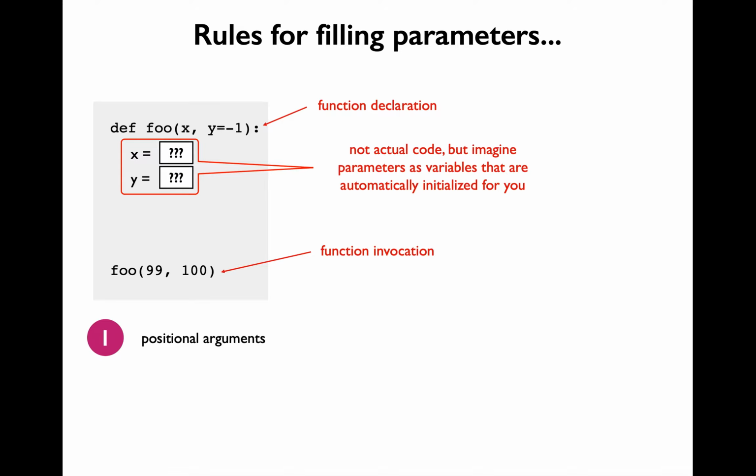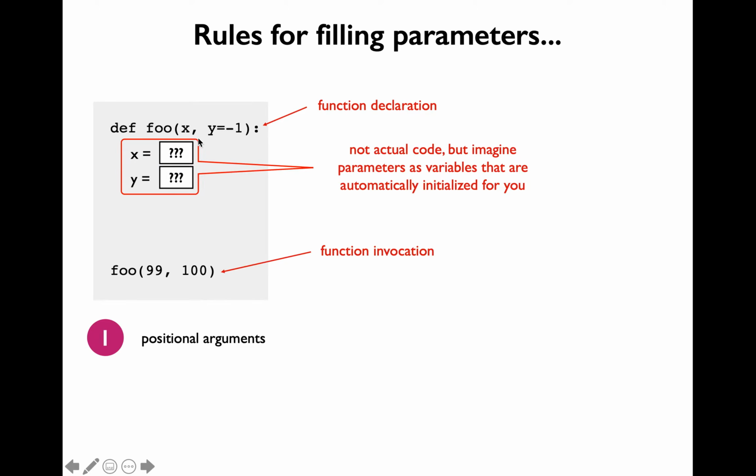Here is an example function declaration. You have the def keyword followed by the name of the function, foo. In computer science, a lot of examples will be using the names of foo and bar. The foo function has 2 defined parameters which are x and y.